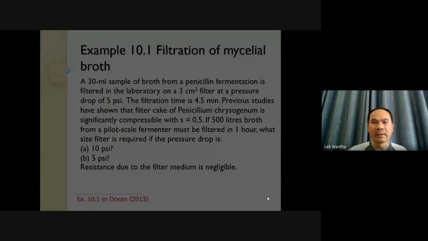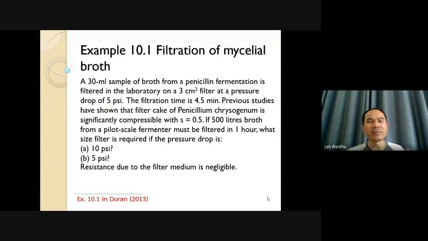In this example, we have two conditions. The first condition is the data from the experiment, or lab scale. The question is that we would like to scale up the equipment using the data from the lab scale. From the lab scale, we have a 30 milliliter sample of fermentation broth from penicillin fermentation.